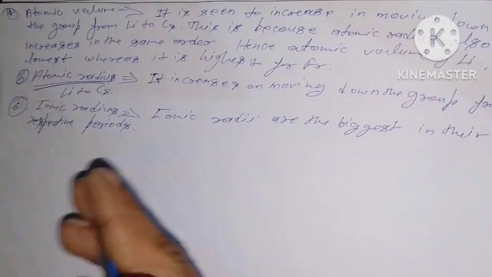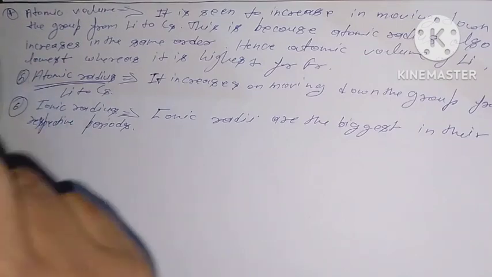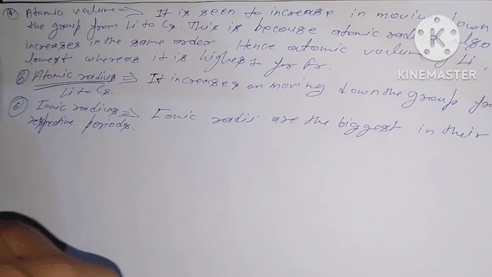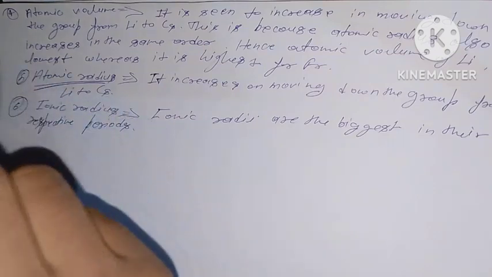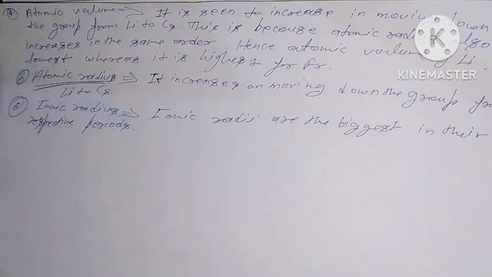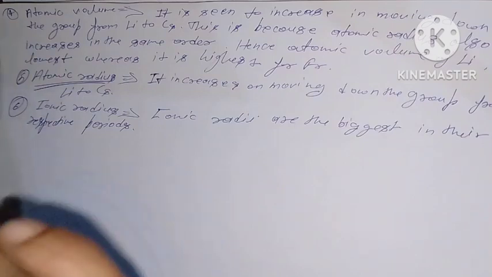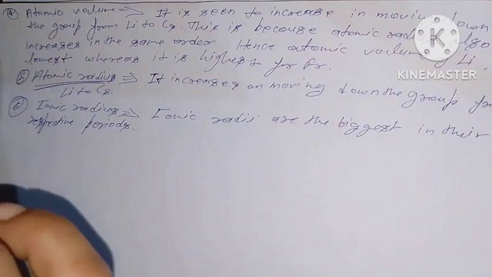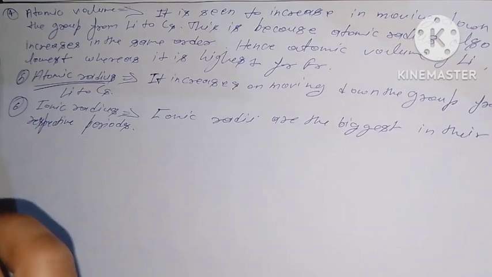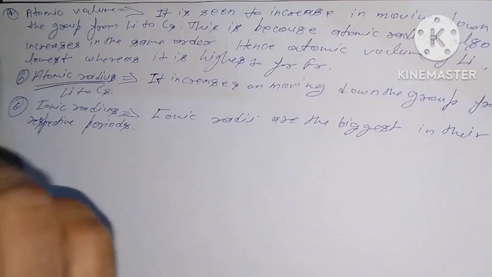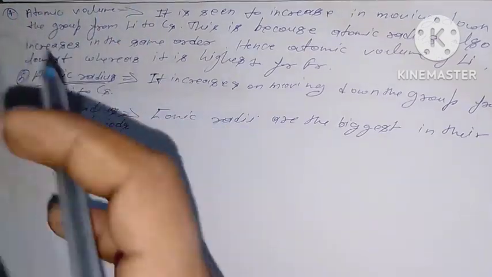Why? The ionic radii of cations formed by alkali metals are smaller in size than the respective atoms, and alkali metals change into cations by loss of one electron from the outermost shell, due to which the outer shell eliminates itself.